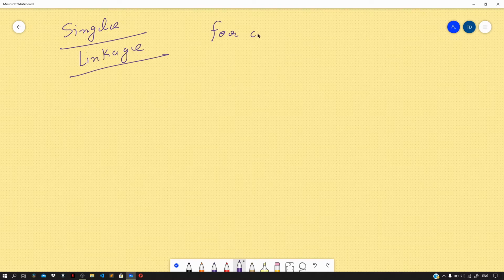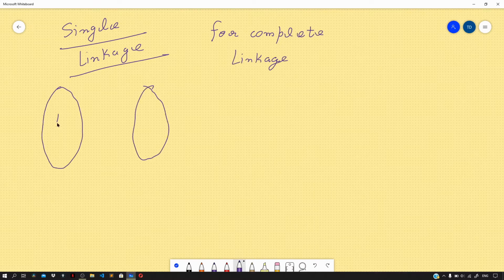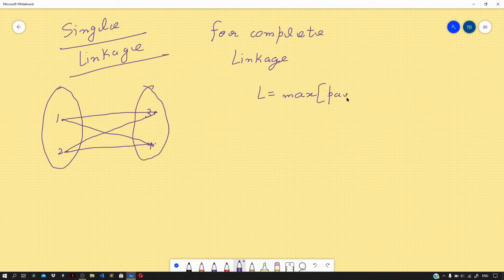Let me clear this up first. Single linkage. So for complete linkage, as I just explained, for our same diagram, with points 1, 2, 3, and 4, the linkage value was the maximum of the pairwise distances that we had, right?